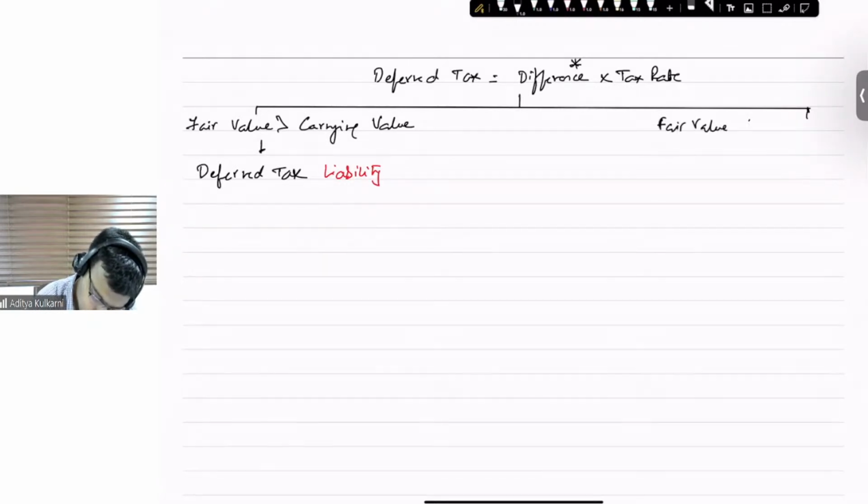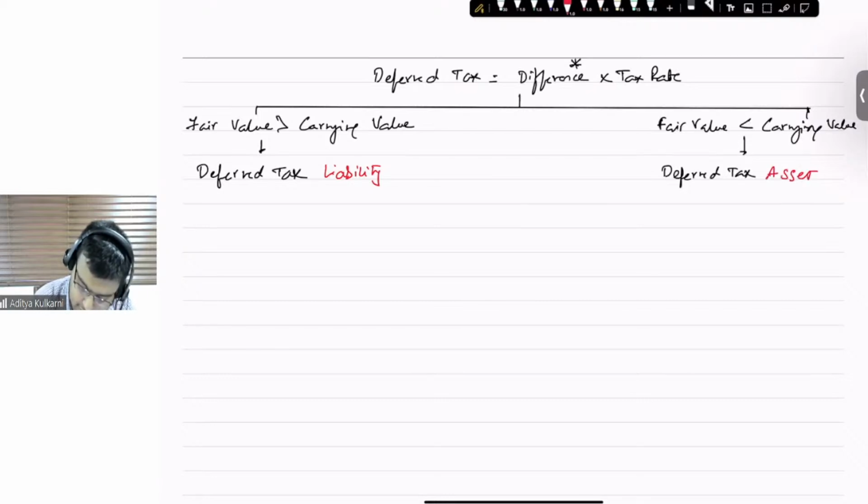Fair value less than carrying value gives rise to a deferred tax asset. Why, I can explain only when we do Ind AS 12. Whoever teaches you Ind AS 12, the moment they teach you, please revisit this note for an understanding.